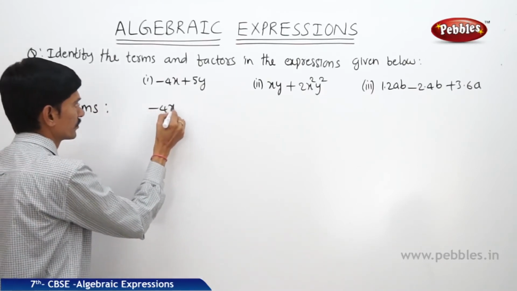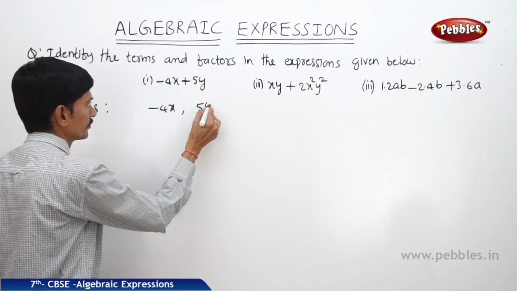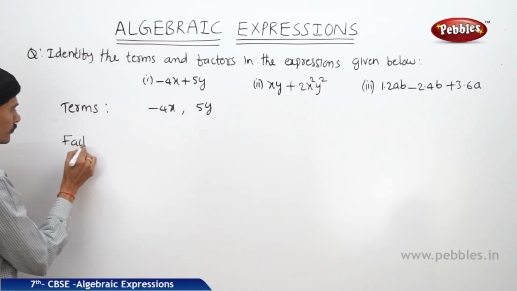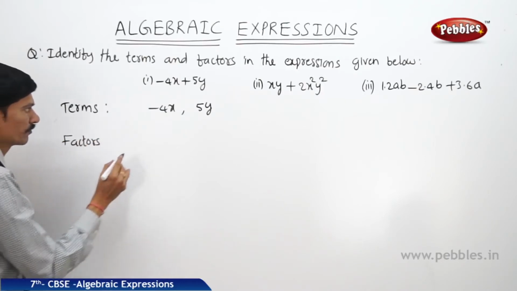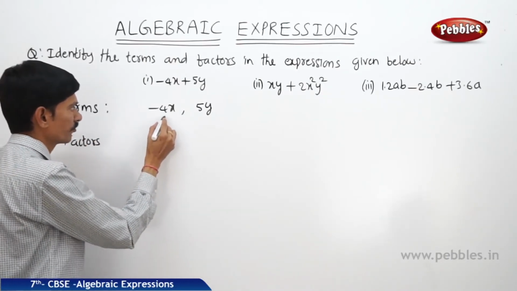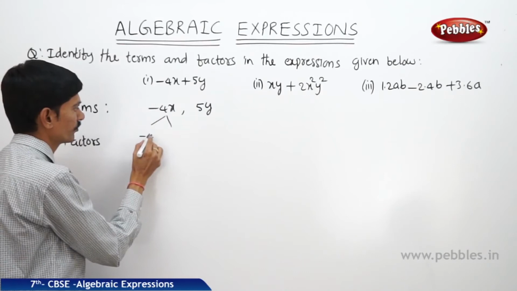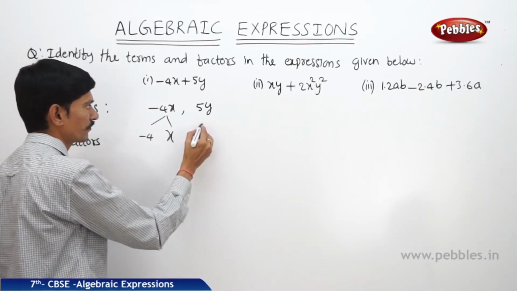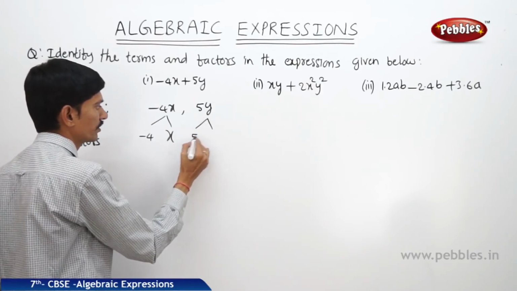Now the factors of each term. The factors of minus 4x are minus 4 and x, and the factors of the second term 5y are 5 and y.